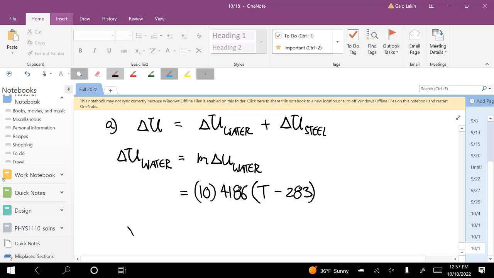And now calculate for the steel. That's half a kilogram times its specific heat times, if we're looking for the temperature that these both come to, so we're going to end up at the same temperature T, although the steel's starting at 400 Kelvin.